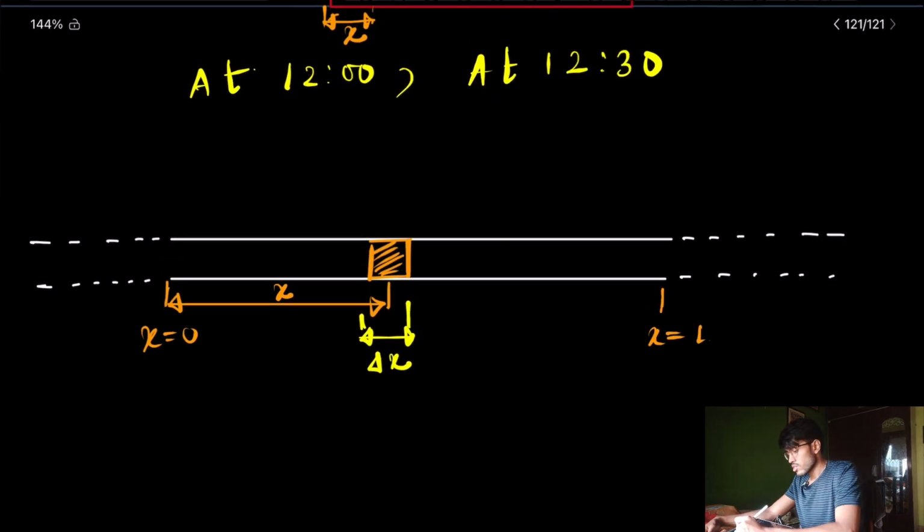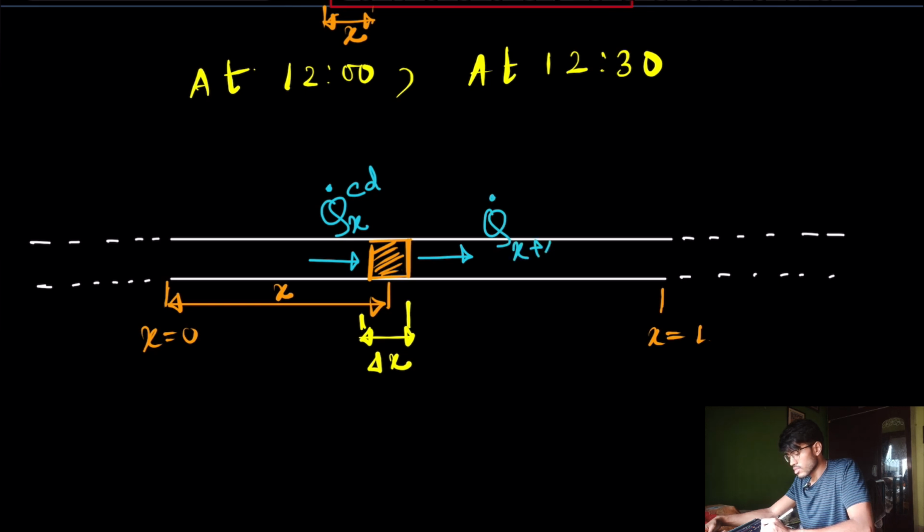Now let me write the energy interactions. First of all, here I will get Qx conduction, writing CD as a superscript, and Qx plus delta x, again conduction.